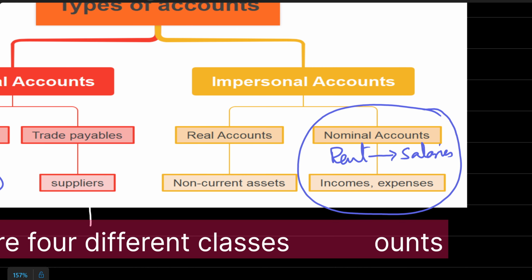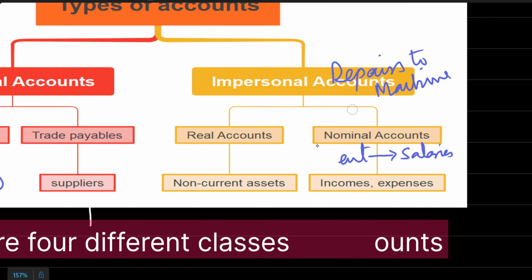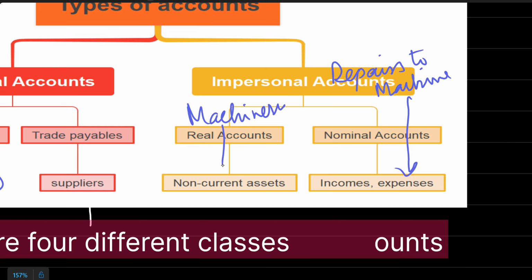Now, for example, repairs to machine is an expense, and it is recorded in the machinery account. Machinery is a non-current asset, a real account.